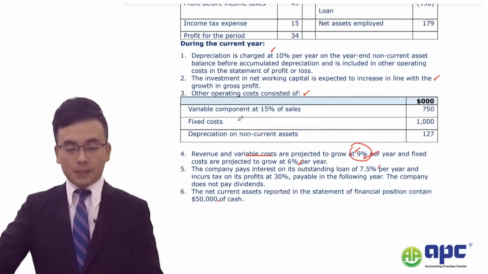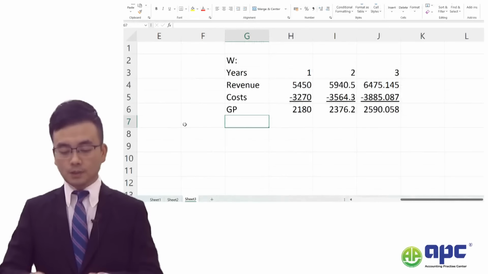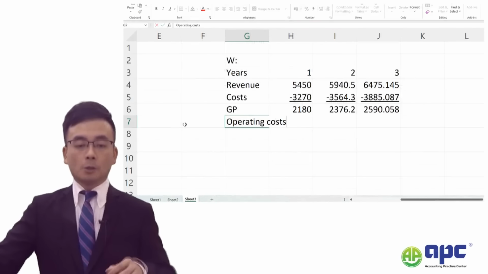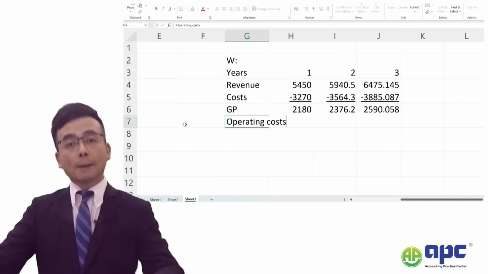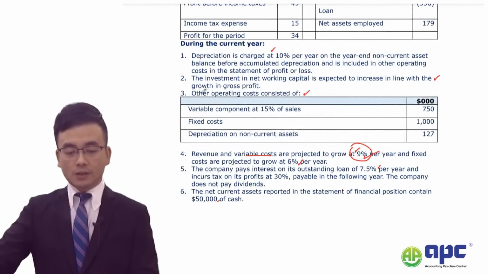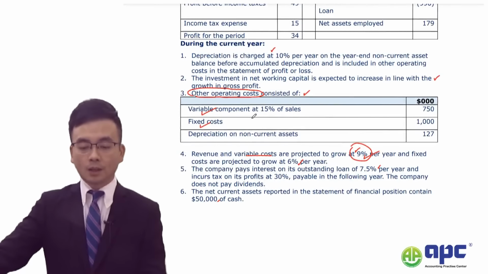Not just for that, because in our P&L we also have got other operating costs. Okay, so we need to compute the operating costs in there. But the operating costs, it's a bit difficult because we are told other operating costs, including the variable as well as the fixed costs in there.